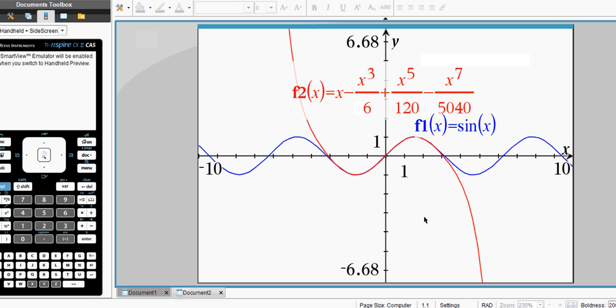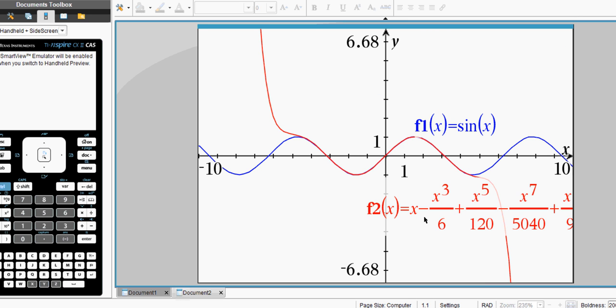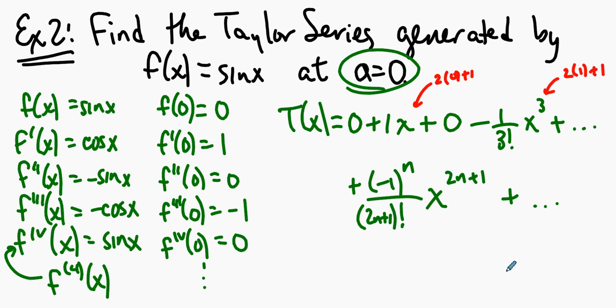And the more terms we add, x to the 9th over 9 factorial, x to the 11th over 11, the more terms we add, the closer this stays for longer. And you would find that if you added more and more terms, that's exactly what goes on. That's what we talk about when we talk about converging.